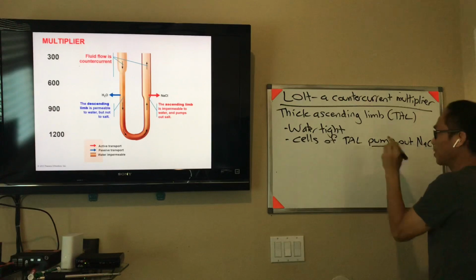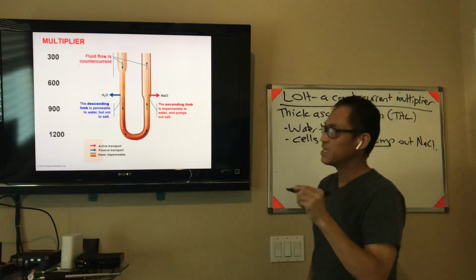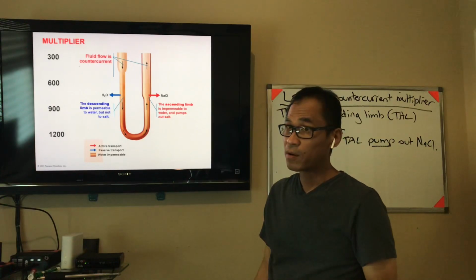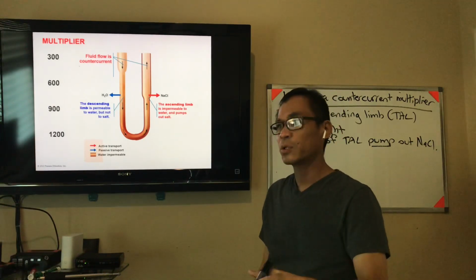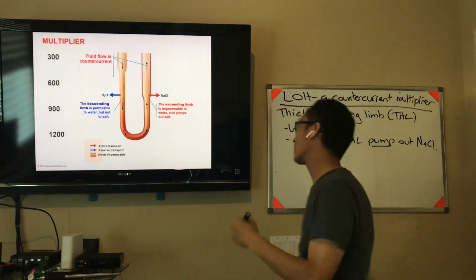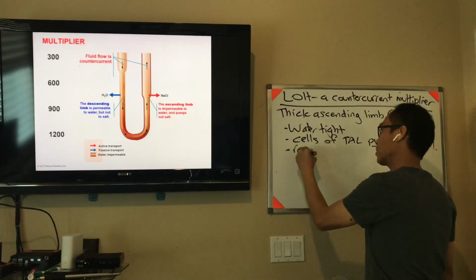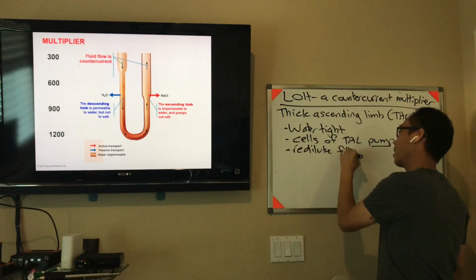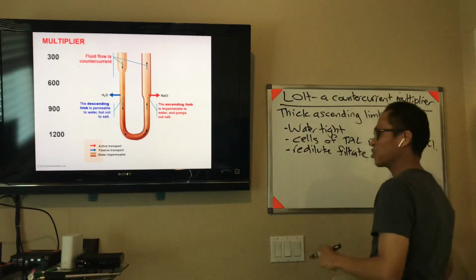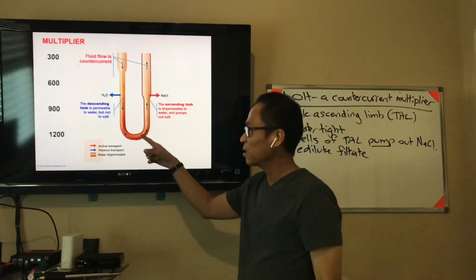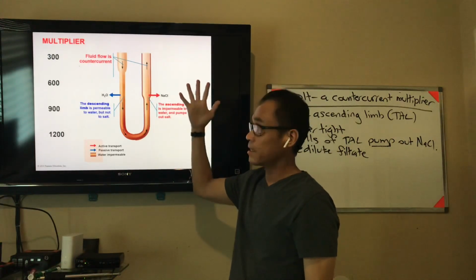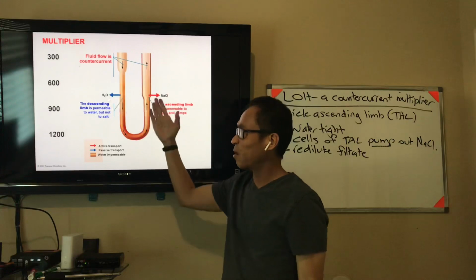So the word pump implies they expend ATP to do it, right? So you're not losing water, but you're losing salt. So you're diluting out the filtrate. I'll say redilute. Okay, it's concentrated at the elbow, and they start to lighten because you're pumping out the salt. And basically that's it. Lose water, lose salt, lose water, lose salt.